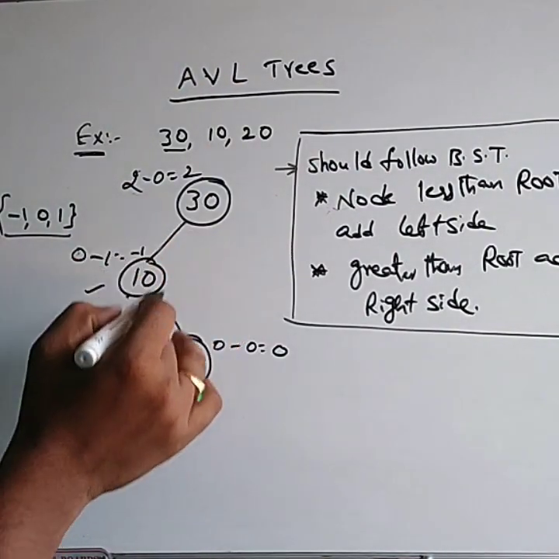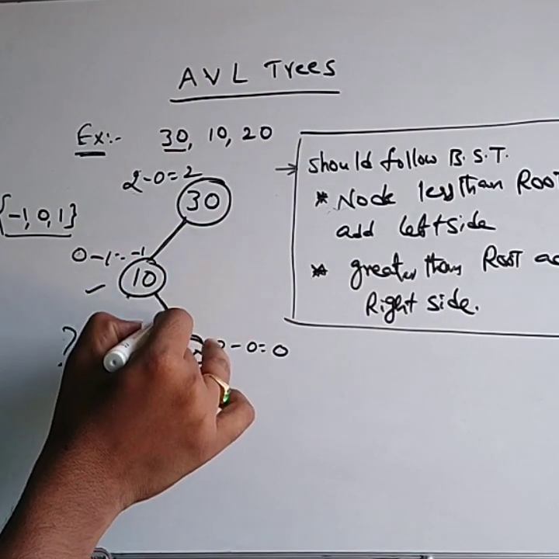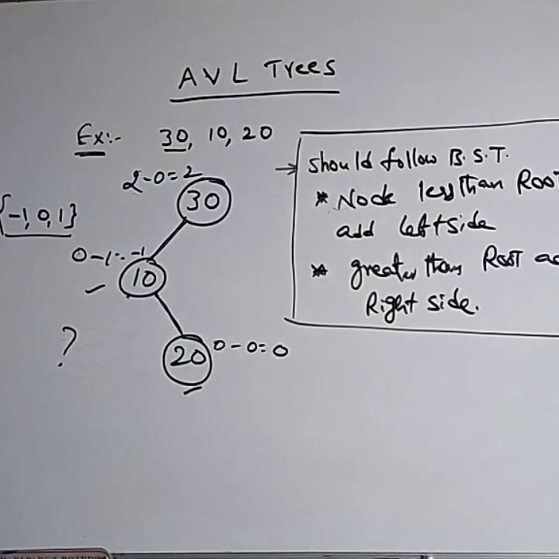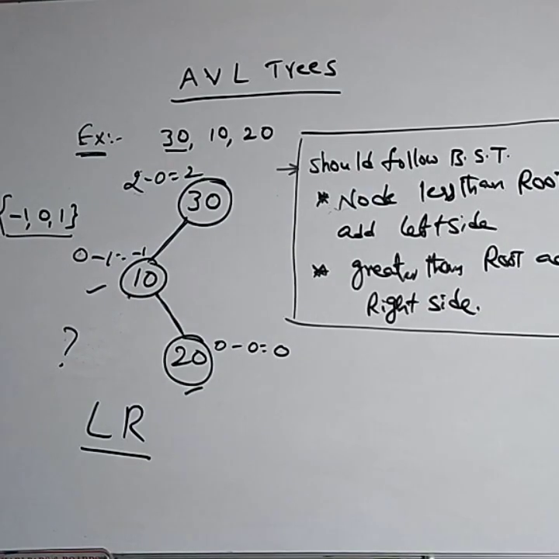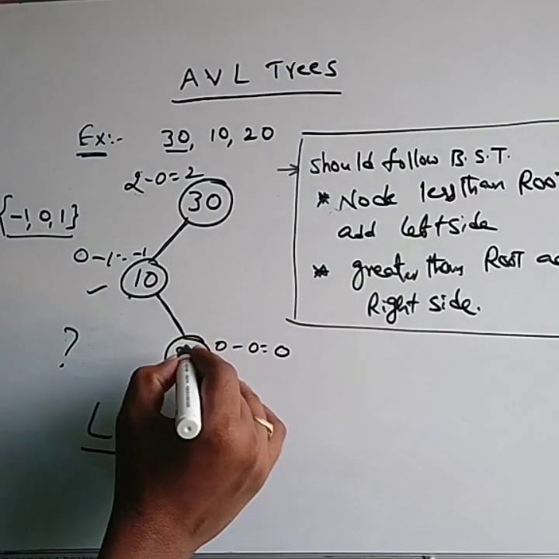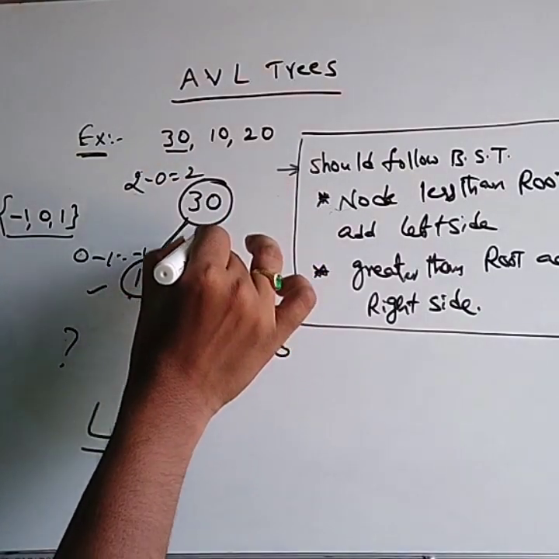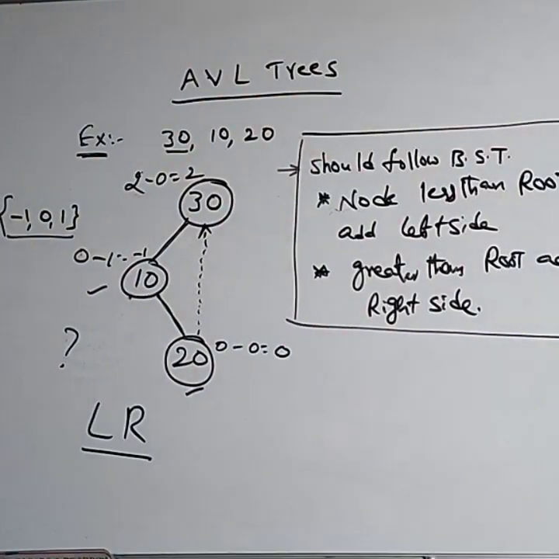Okay, so where was the node added? On the left side of the right child of the node. So then we apply the LR rotation. In an LR rotation you can apply directly: the last node becomes the root node.